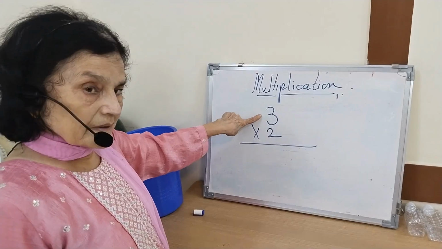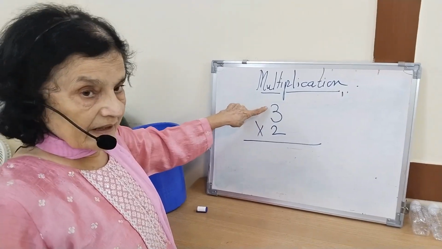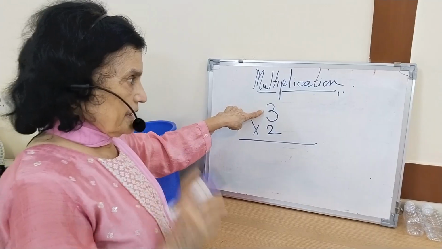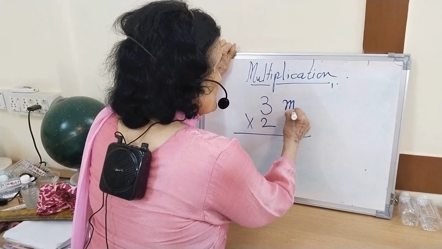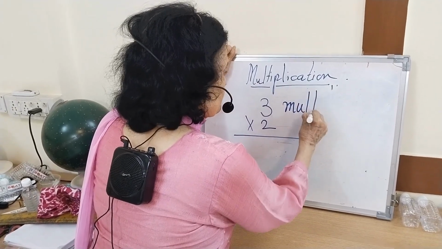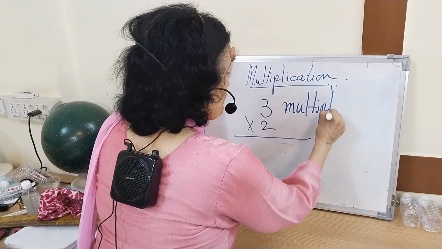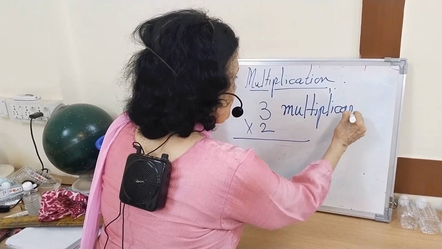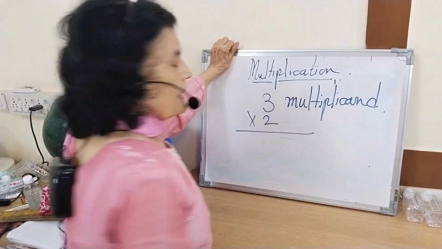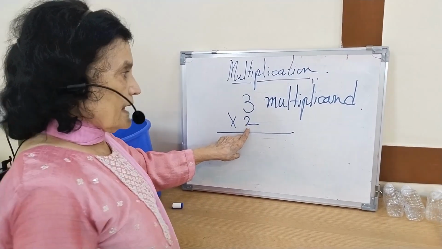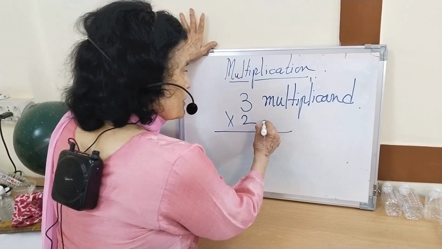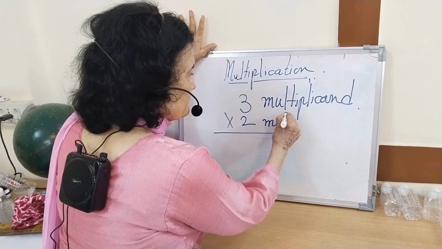The bigger number is usually taken as the upper number, and we used to call it as multiplicand. The lower number used to be a smaller one, and this was called as multiplier.